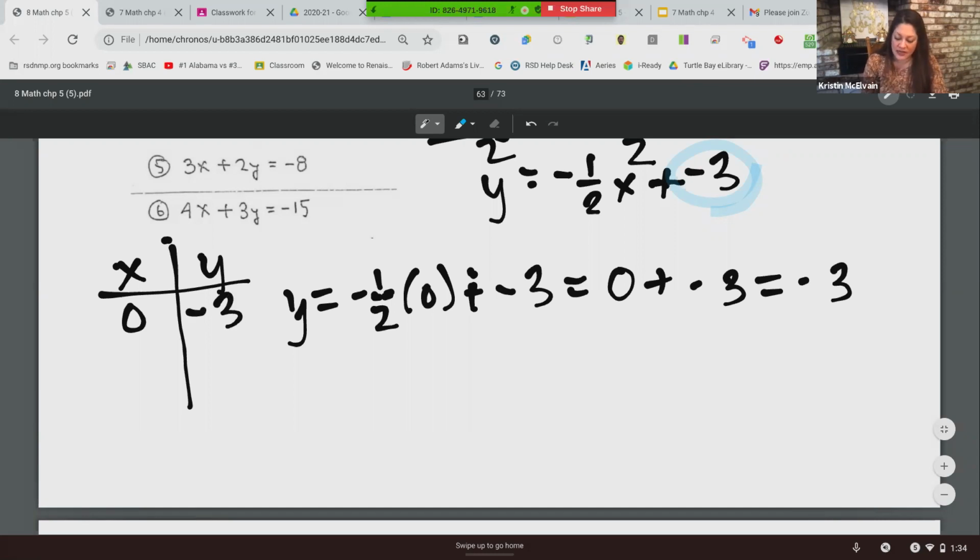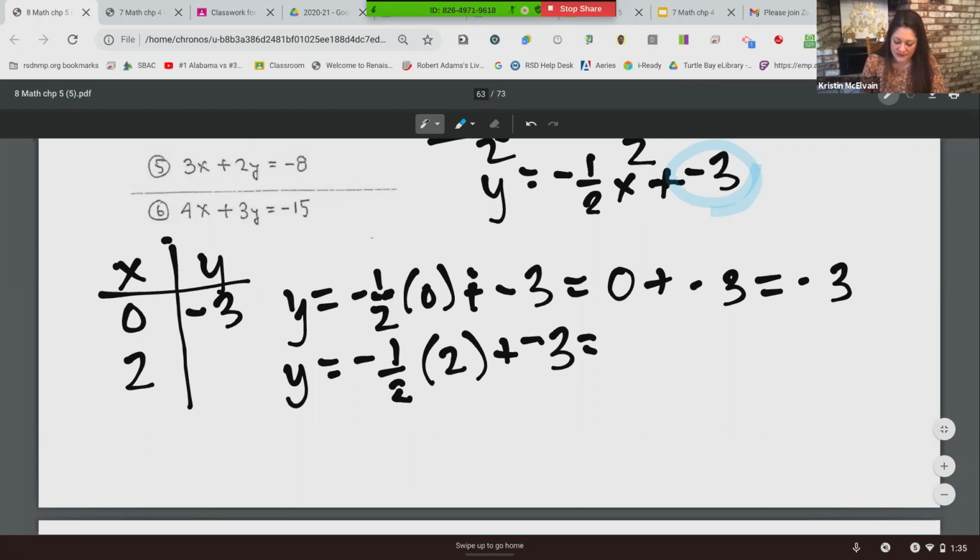Okay. Now my second one, let's use a value of 2, which is going to give us a whole number. So y equals -1/2 times 2 plus -3.